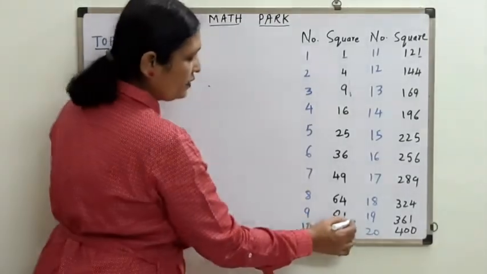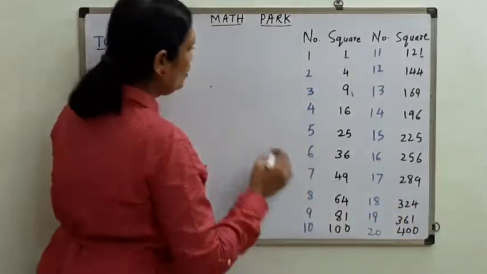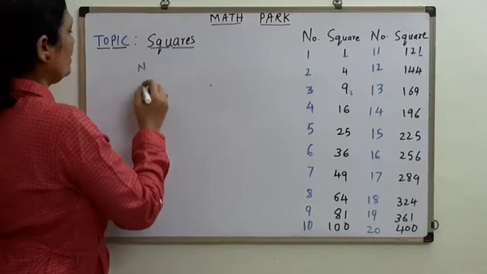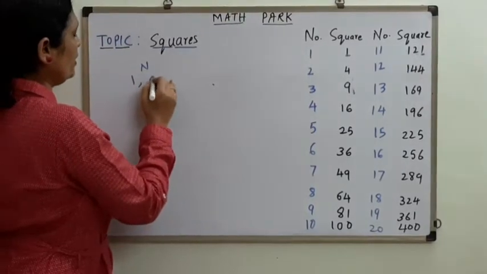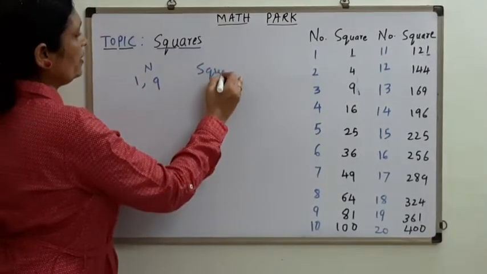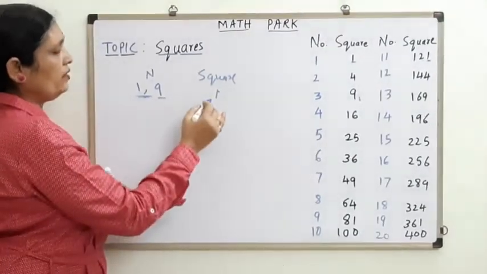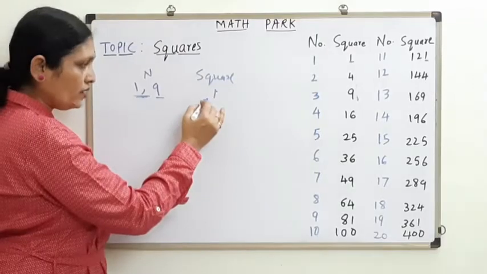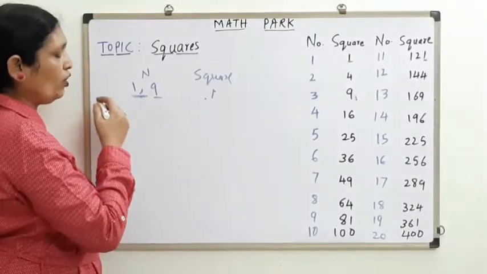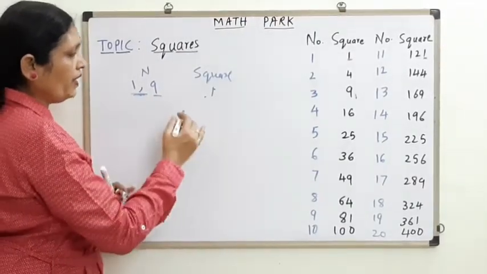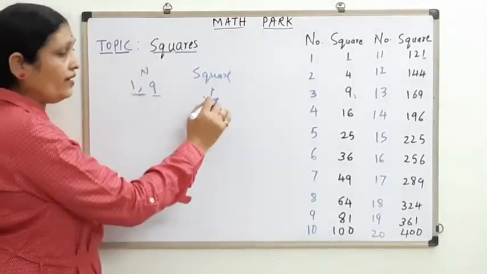Square of 9 is 81, square of 19 is 361. So when the number is ending with either 1 or 9, the square is ending with 1. That is, when the unit digit of a number is 1 or 9, the unit digit of its square is always 1. So if I talk of the square of 29, it will definitely have 1 as the unit digit.